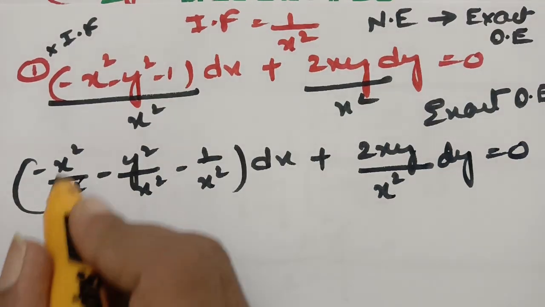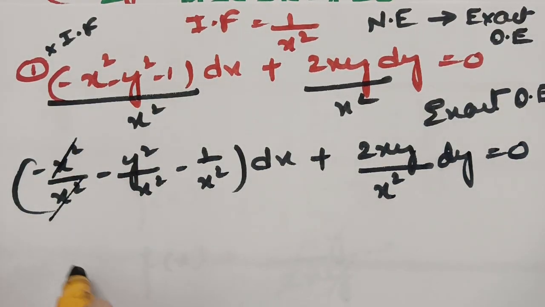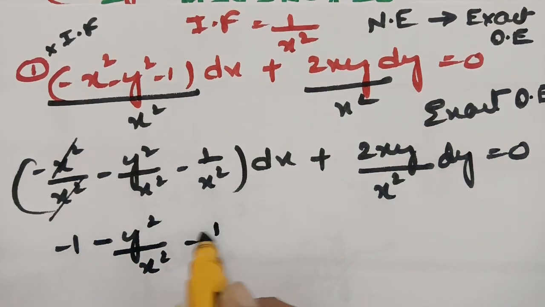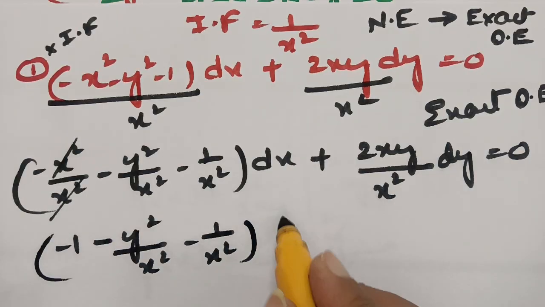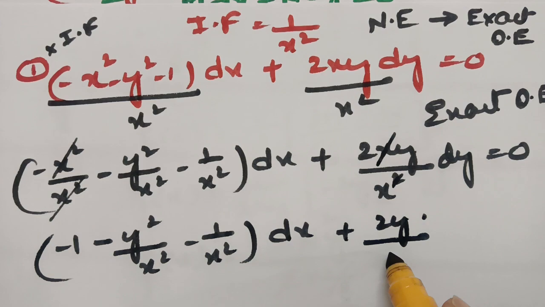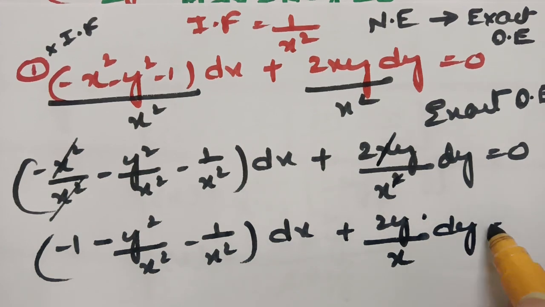If I cancel each and every term here, this will be minus 1, minus y square by x square, minus 1 by x square into dx, plus 2y by x into dy is equal to 0.